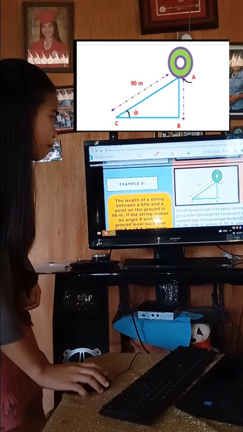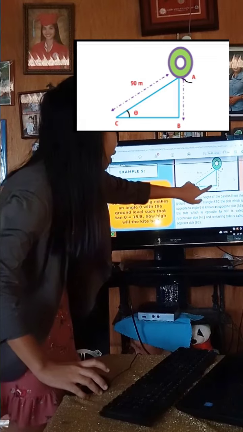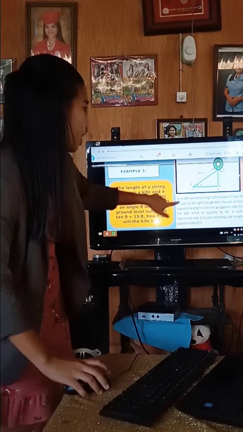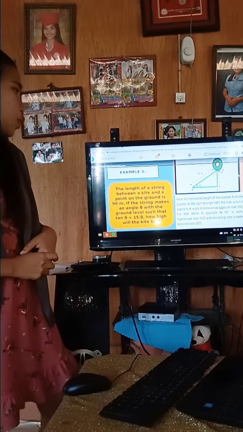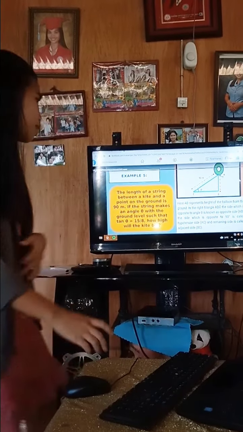The side which is opposite to the 90 degree angle is called the hypotenuse side, or the side AC. And the remaining side is called the adjacent side.